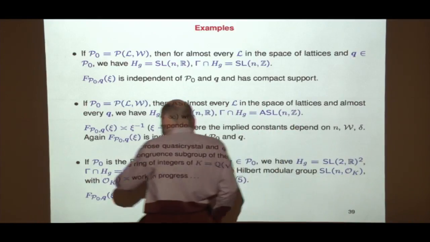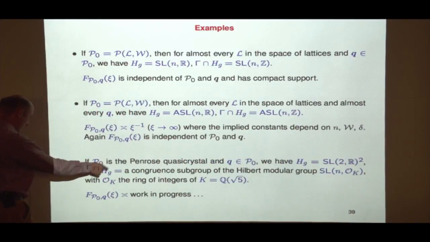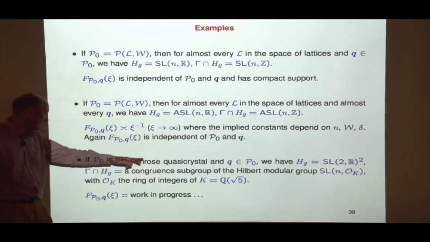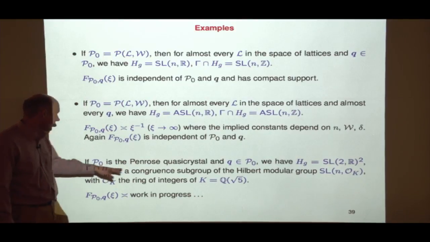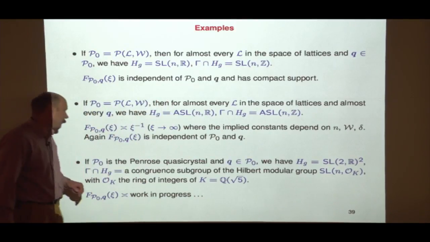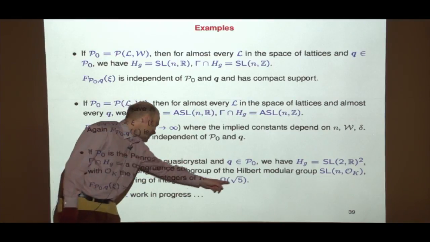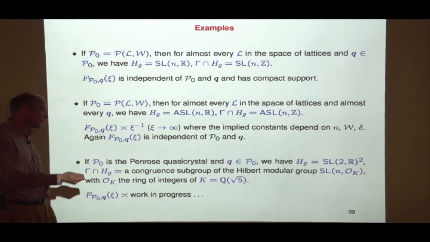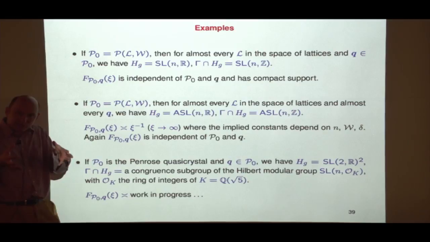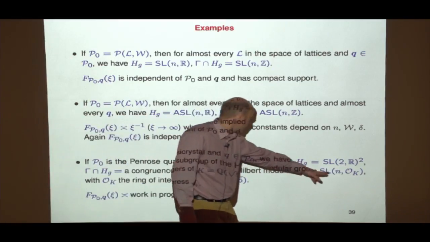And if you intersect this group with gamma, you'll find that the lattice that you get is actually a Hilbert modular group, where the ring of integers that you're using in there is exactly related to the algebraic number field that you use in the construction of the Penrose tiling. And that should be a 2, of course, here.